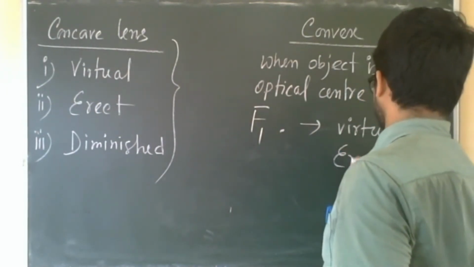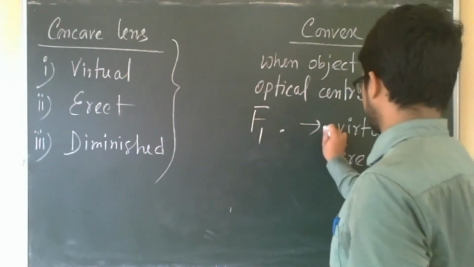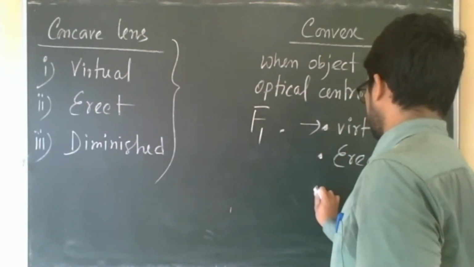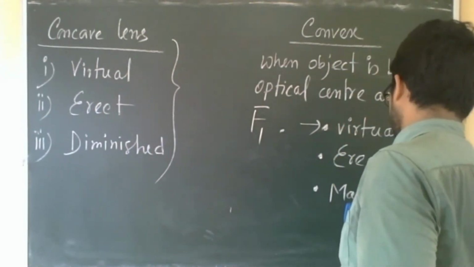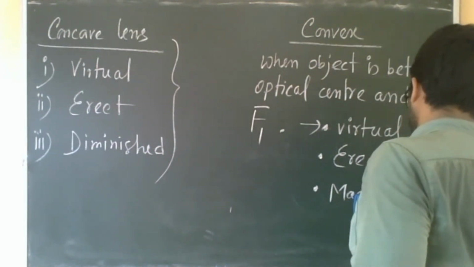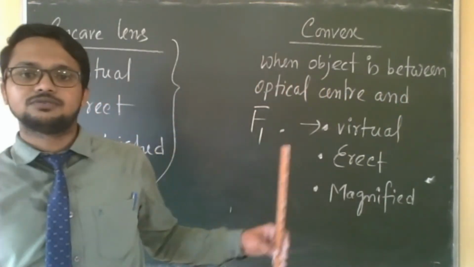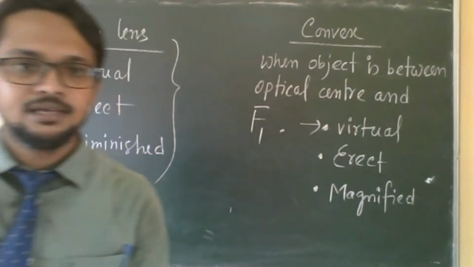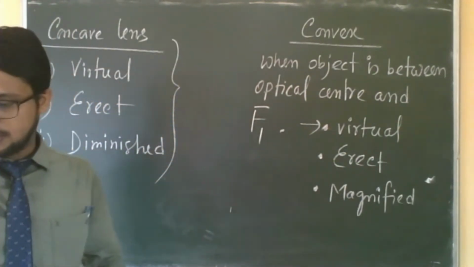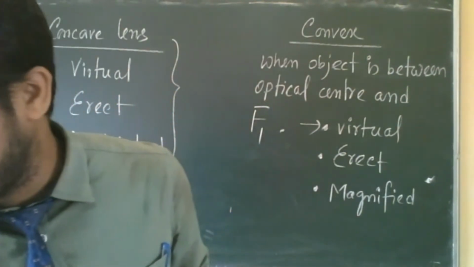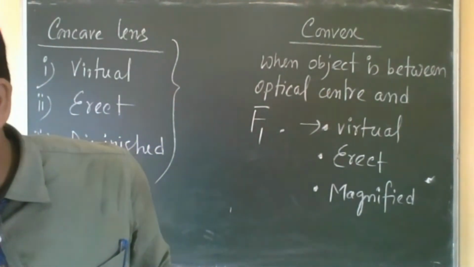Virtual, erect, but in this case the virtual image is magnified. Otherwise, you will get a real image. Clear? So these are all about the ray diagrams for convex and concave lens.